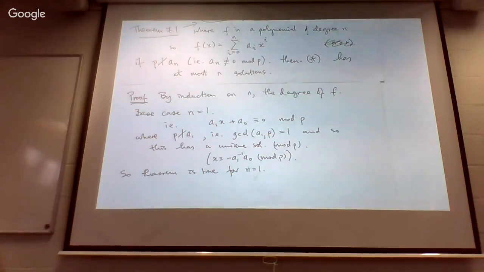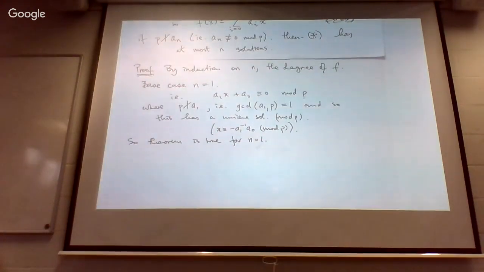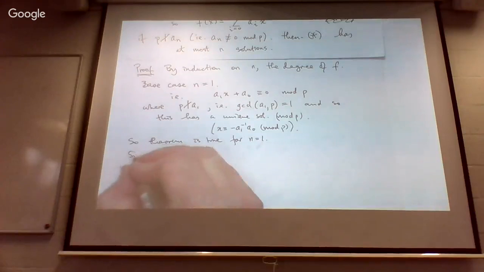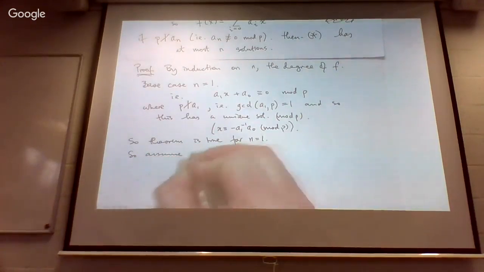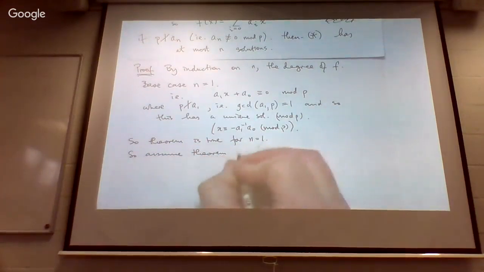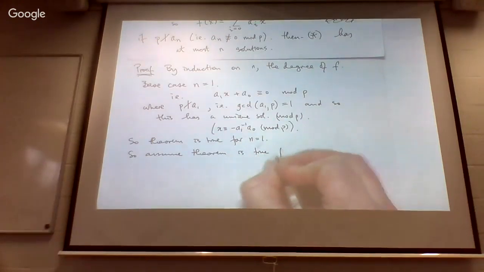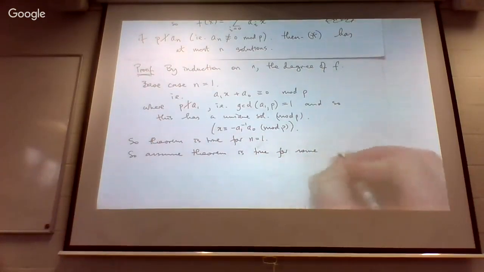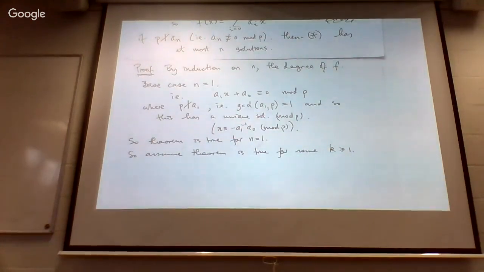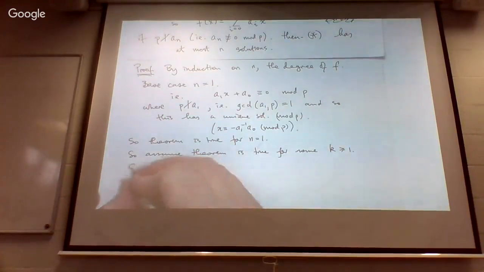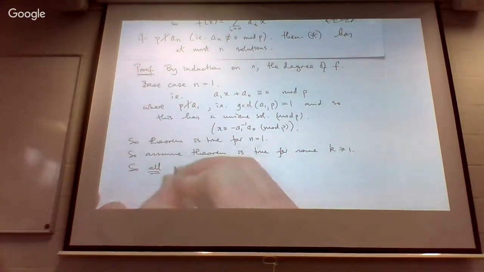So now we make the induction assumption. Assume the theorem is true for some k greater than or equal to 1. Let's make clear what we're assuming there.